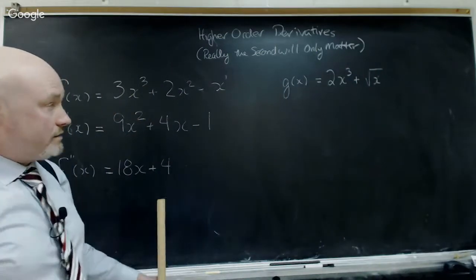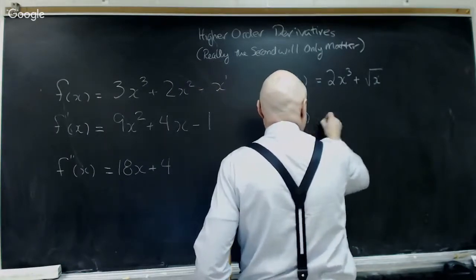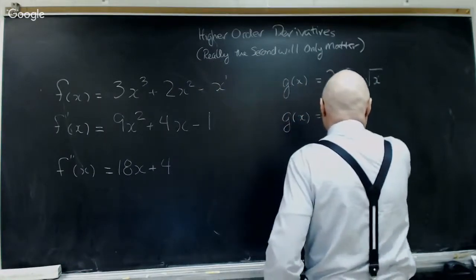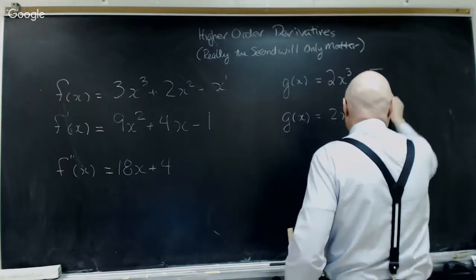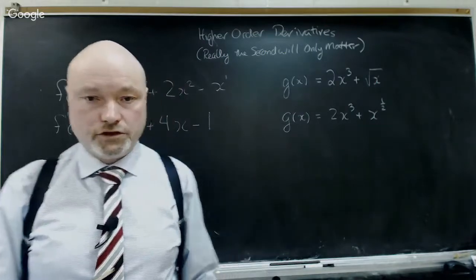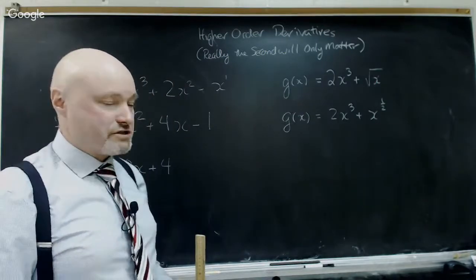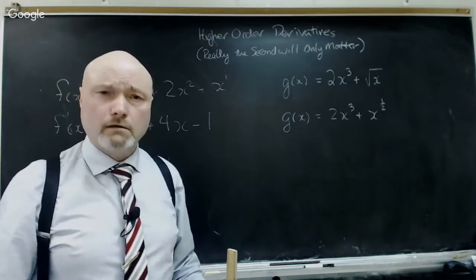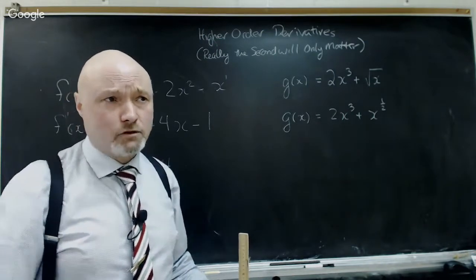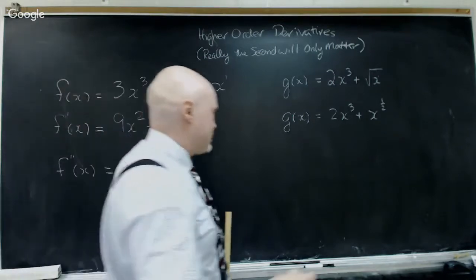Okay, I am going to rewrite this as 2x cubed plus x to the exponent 1/2. Most people don't like fractions, but they don't like radical notation even more, or even less. Like it less, don't like it more. I don't know which of those it is. Sort of a rate of change of the rate of change question.